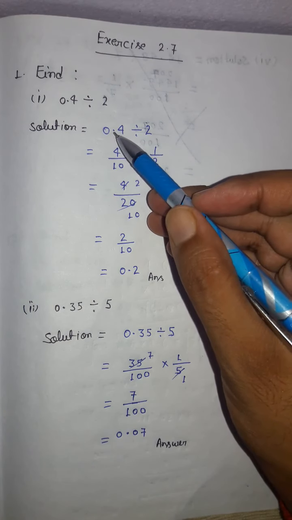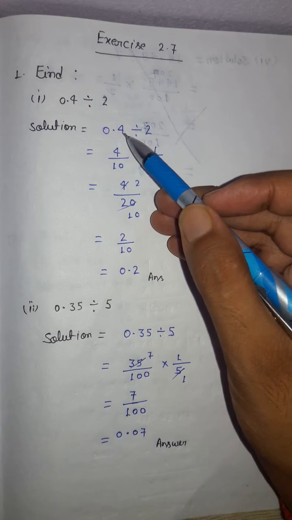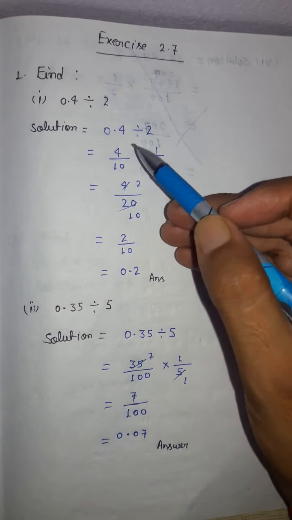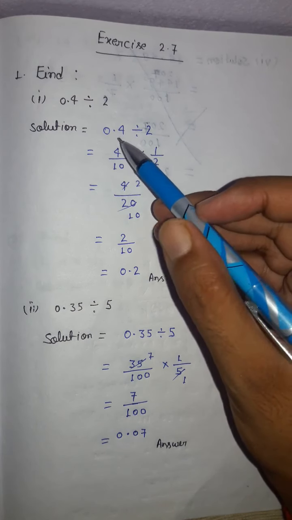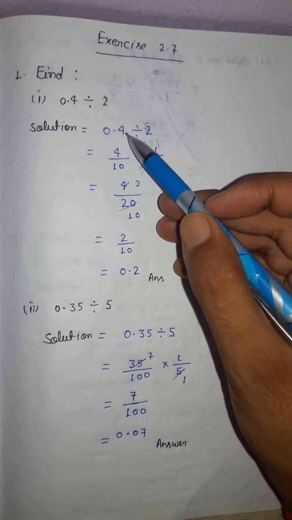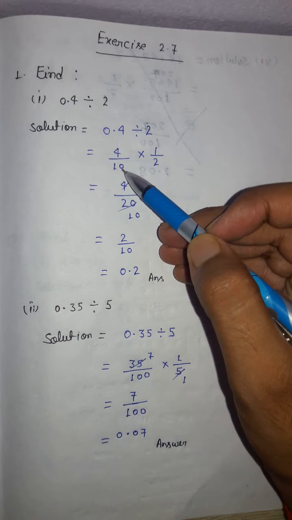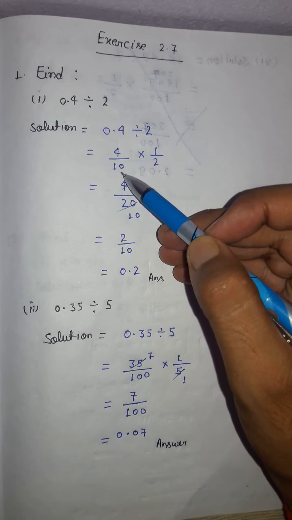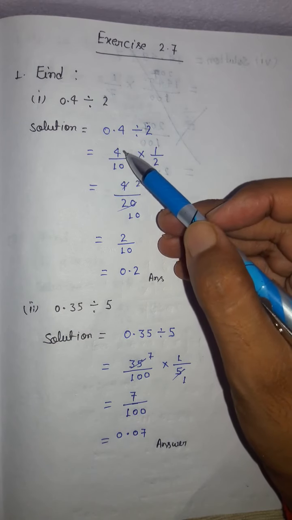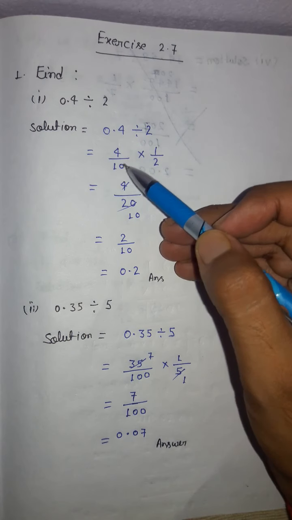After removing the decimal, 04 remains, which means only 4, and you write it upon a denominator. One number is given after the decimal, so we keep 10 with the 1, and the number becomes 10. So it will be 4 upon 10.